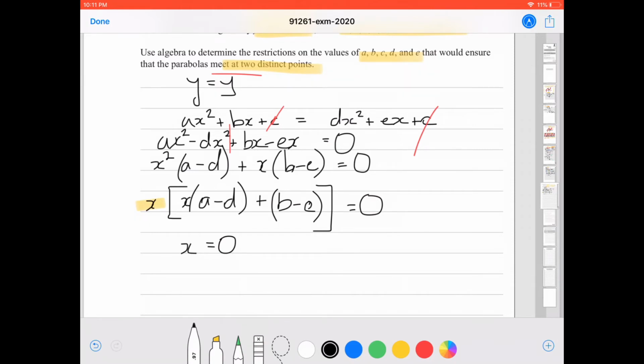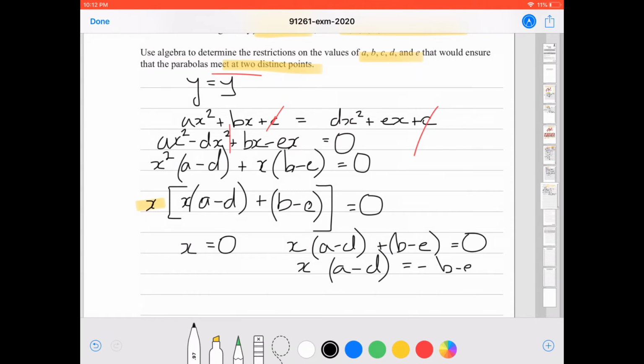Now, what's inside the brackets is a little bit more complicated. We've got x times a minus d plus b minus e, and that equals 0. Okay, so we're wanting to rearrange for x. So x times a minus d, and we'll take the b minus e to the left hand side, so it becomes minus.